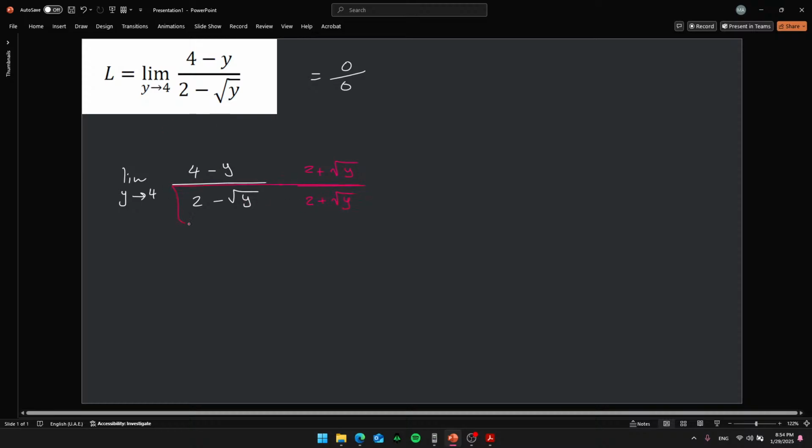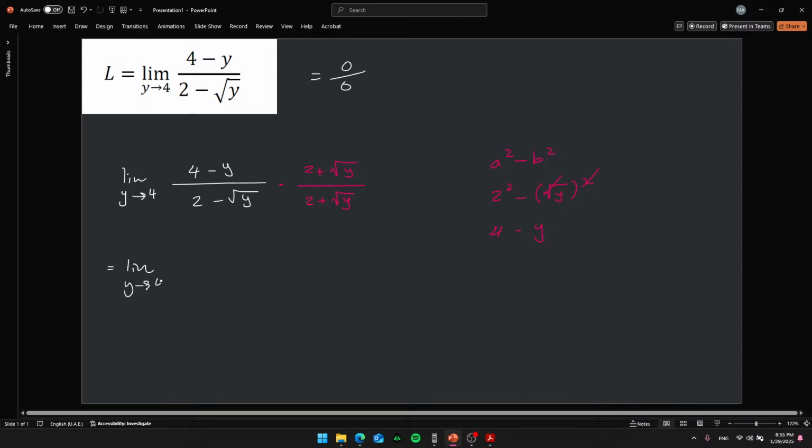Now for the denominator, it will be simplified to a squared minus b squared. Where is a and where is b? This is a, this is b. So 2 squared minus radical y squared. The square will cancel the radical, so we're left with 4 minus y. And for the numerator, don't touch it, leave it as it is.